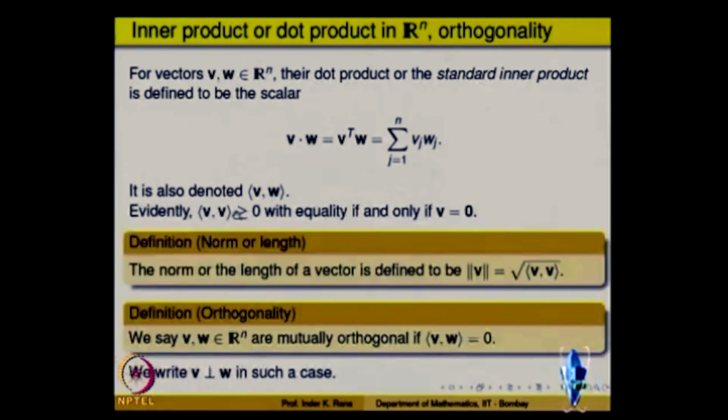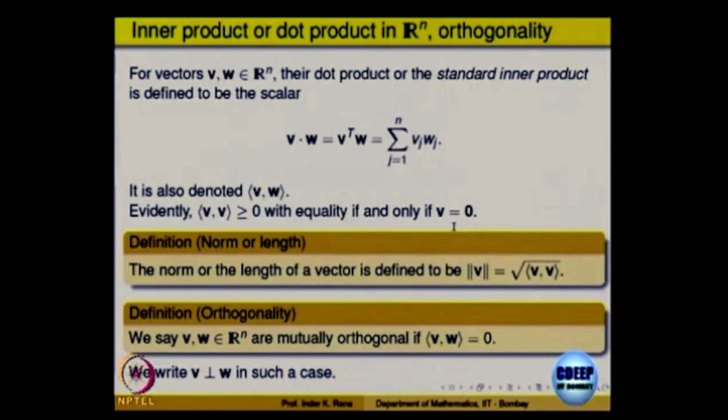An obvious property is that the inner product of v with itself is always non-negative. When will it be 0? It is the sum of vi squares equal to 0, that means each vi must be equal to 0. So it is 0 if and only if the vector v is 0.